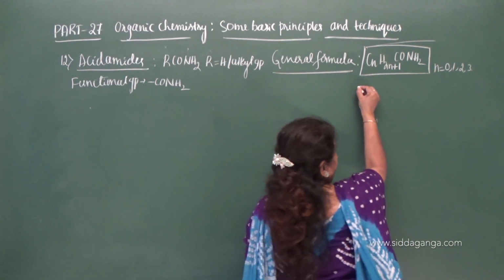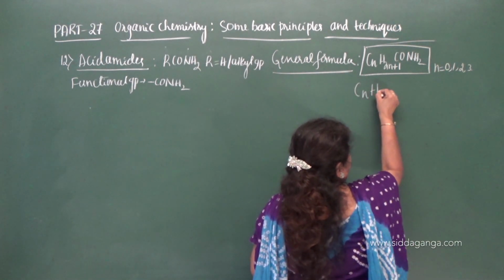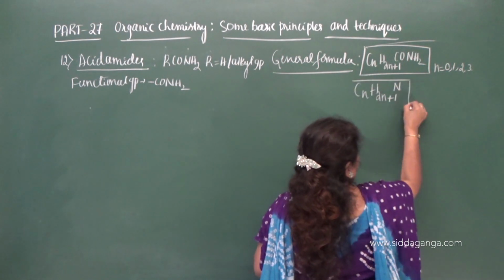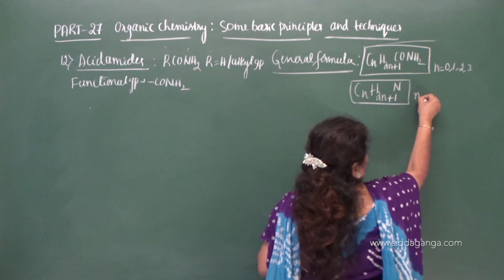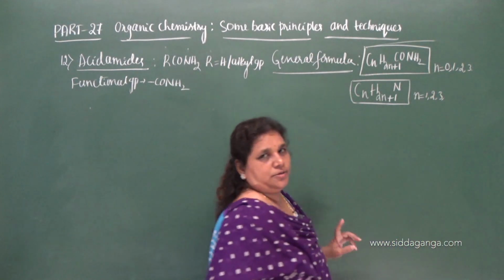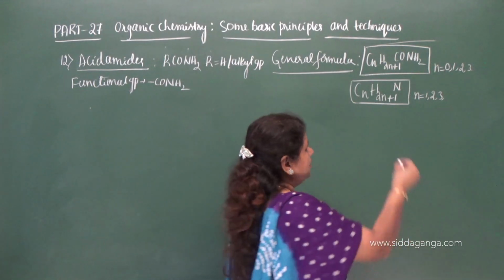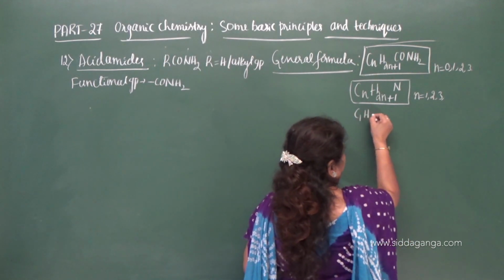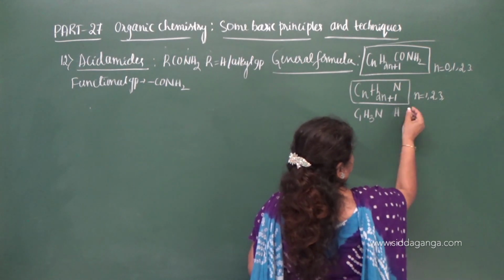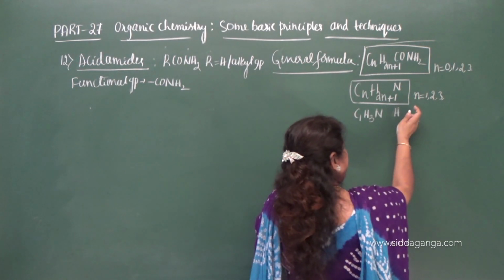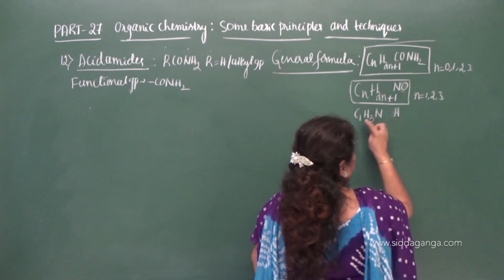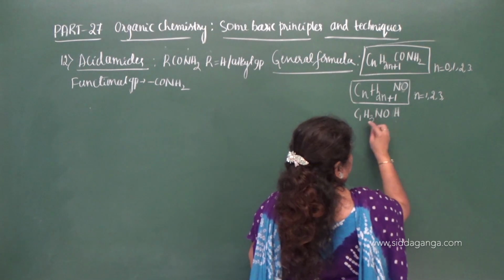And what is another general formula we can give? CnH2n+1NO. Here you need to give the value of n as 1, 2, 3. Put n equal to 1. What do you get? C1H3NO.